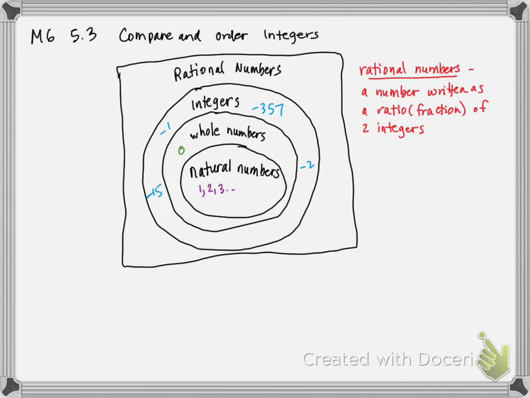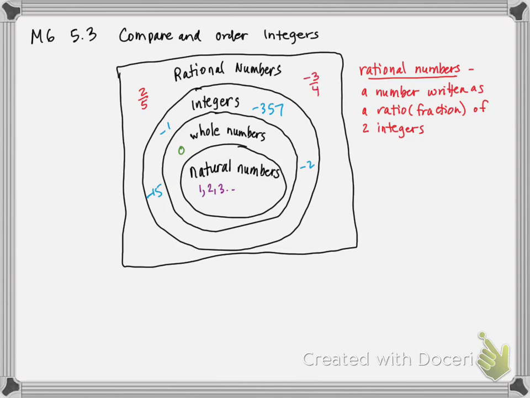Okay? All right, so what are rational numbers? Well, anything that can get written as a ratio or fraction. So you think about what we just covered in the last chapter. That's going to include positive and negative versions of fractions.